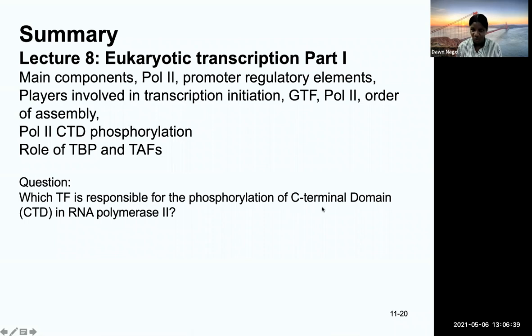I'm repeating this over and over again, so that should tell you that you're going to see this over and over again in the exam. You really need to know that this transcription factor is responsible for the phosphorylation. The activity is ATP dependent, so in the absence of ATP, you would not expect the same activity to happen. So think about it in that context.